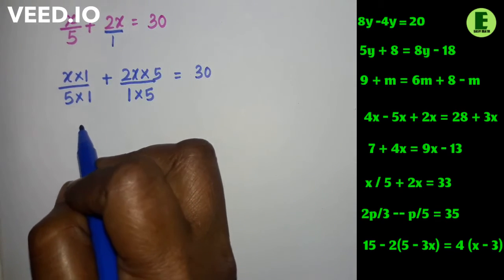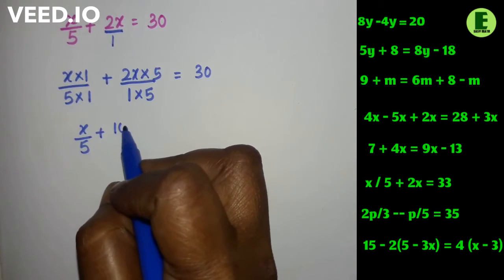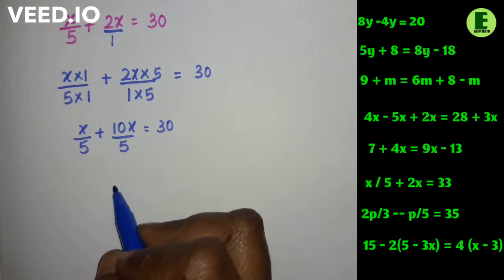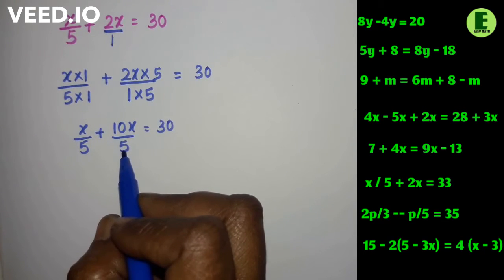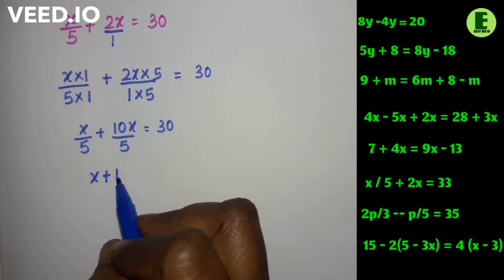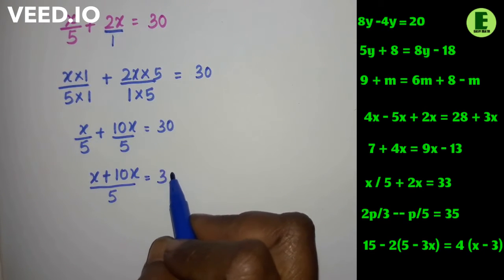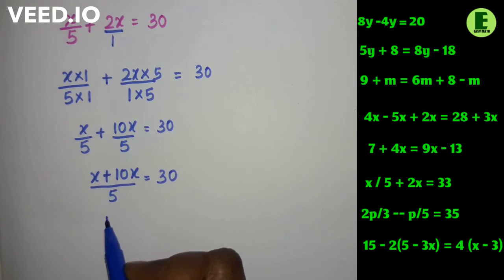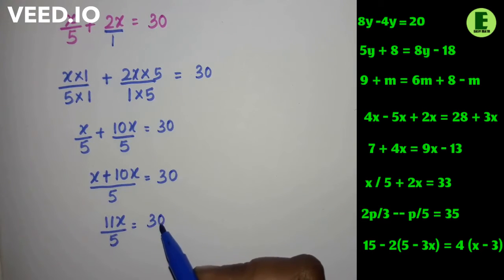So we have x into 1 is x divided by 5 plus 2x into 5 is 10x by 5 is equal to 30. Now since we have like denominators, we will add the numerators. x plus 10x the whole divided by 5 is equal to 30. So x plus 10x is 11x by 5 is equal to 30.